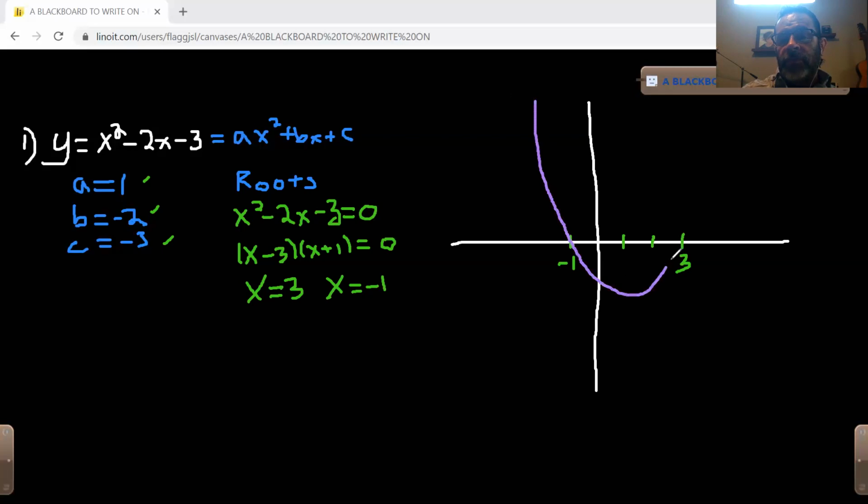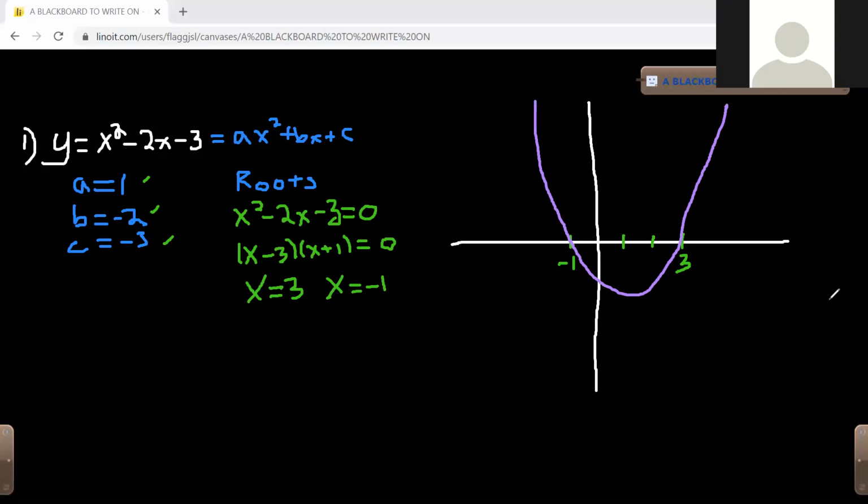And I'm just doing a rough sketch here. That would be our parabola. Okay? Are we okay up to this point? Questions up to here? We don't have to check if it has y-intercepts. We can find them if we want.